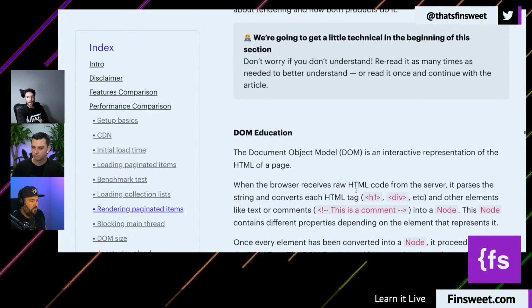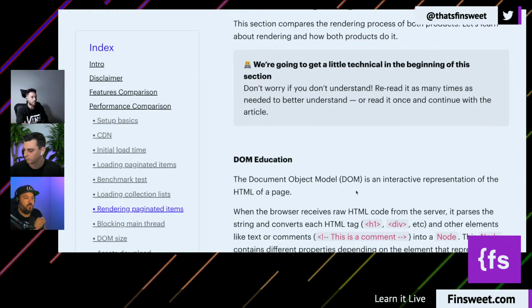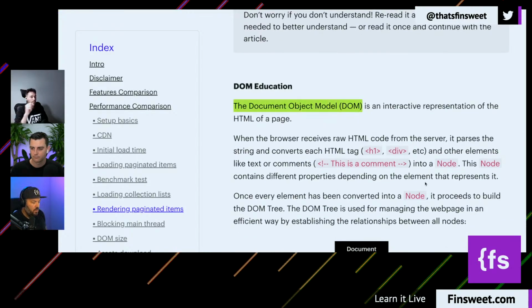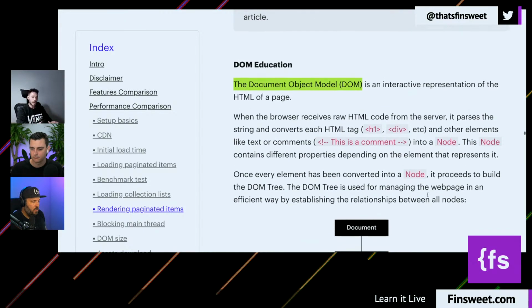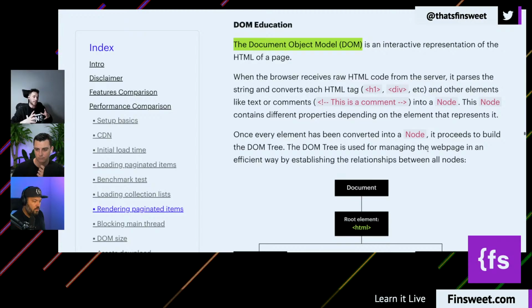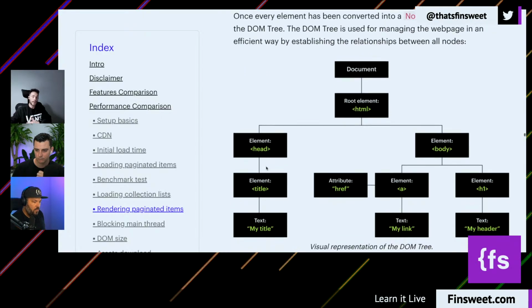Yeah, so there's a concept that we usually say as programmers, but everyone should be aware of, which is the DOM, the document object model. This is what the browser interprets of your page. When your HTML comes from the server, it's just a string. It's just a bunch of characters all pasted together inside a file. And the browser needs to convert that into something it can show to you, right?